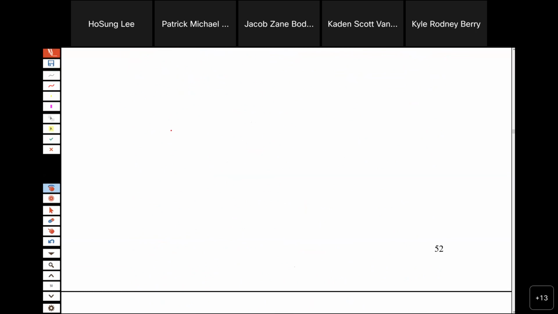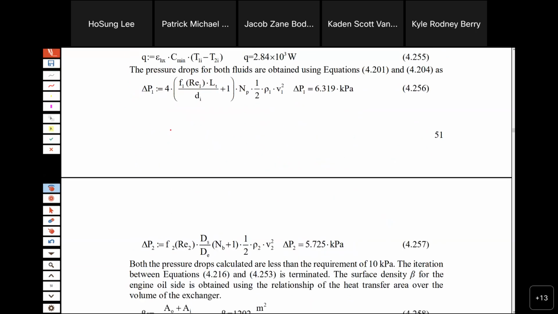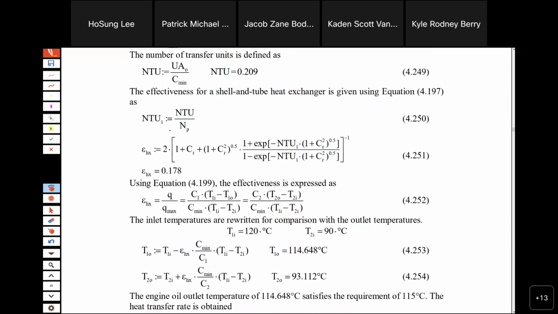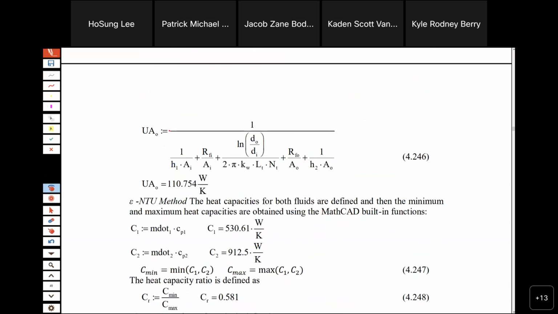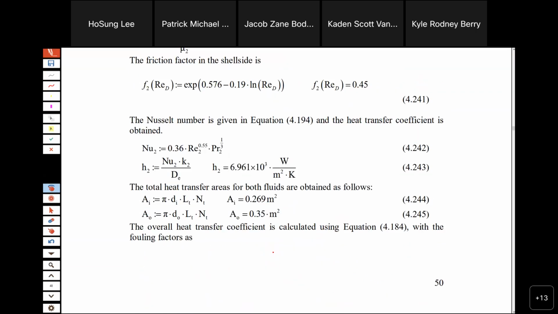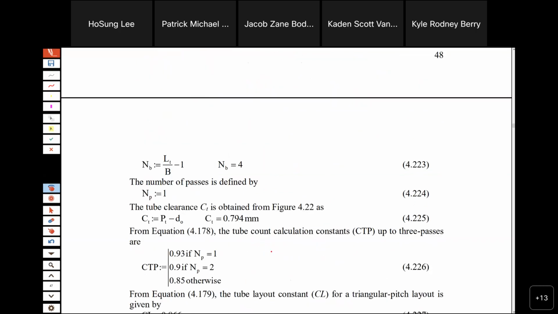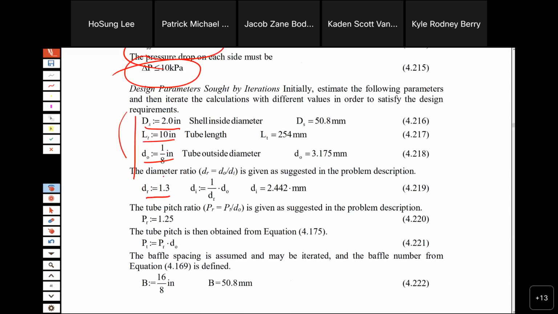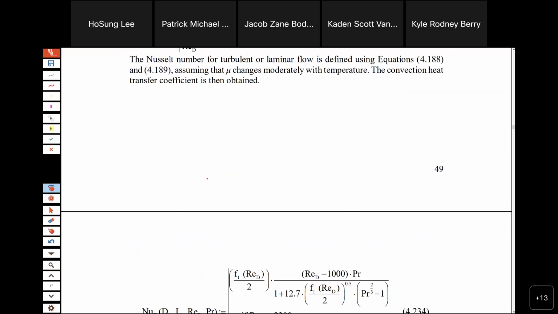What is the outlet temperature? If the outlet temperature is not satisfied, you have to repeat, changing the initial values, the size. Once you have MathCAD developed, if you change something, in one second you get the result.